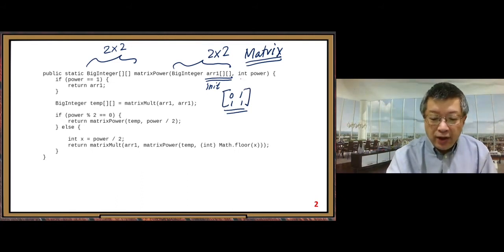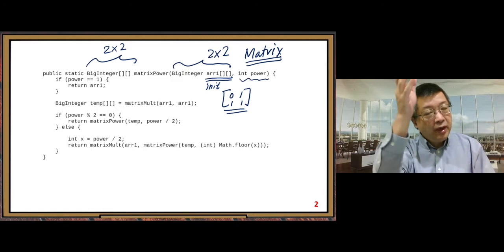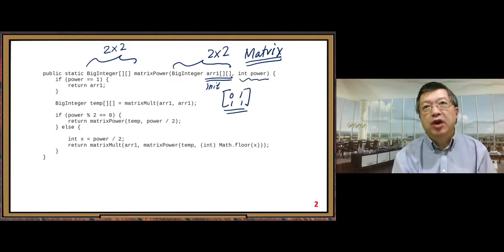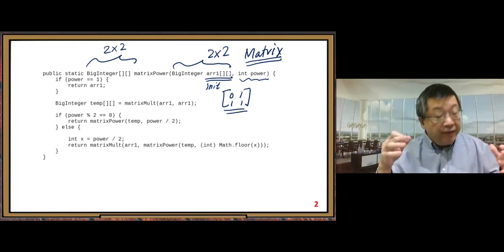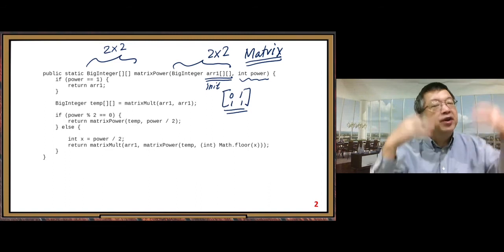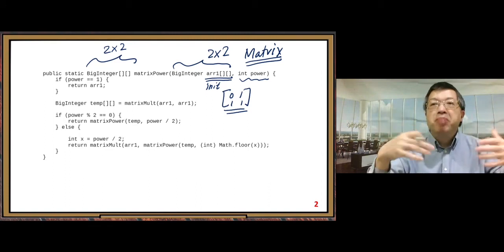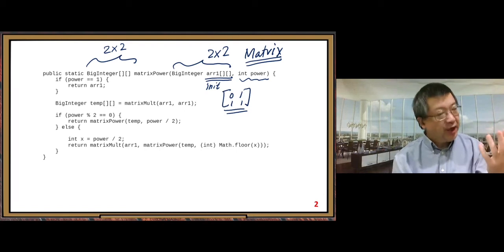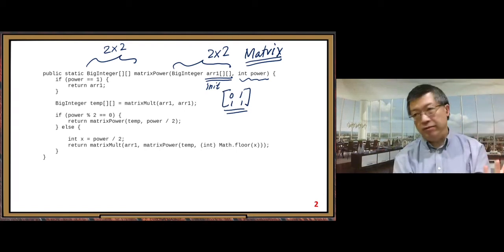Then an integer power, the exponent, any positive integer, could be even, could be odd. This method is called recursively to implement the power of a matrix.